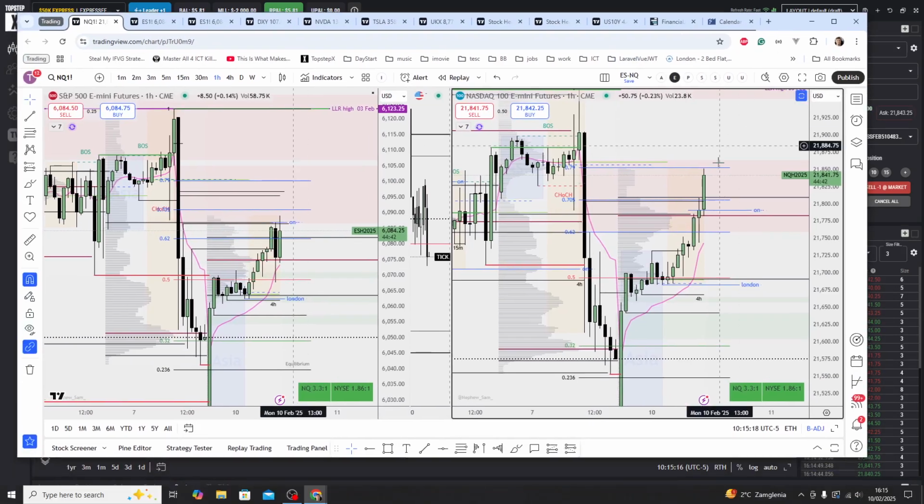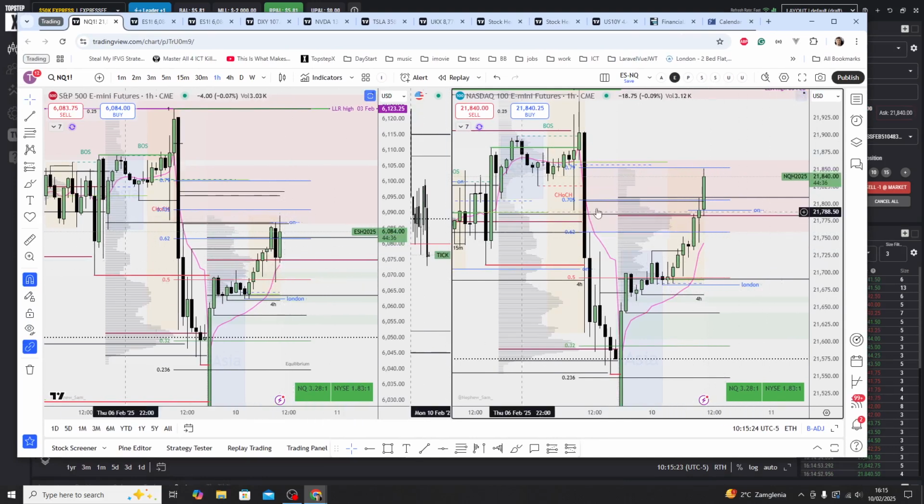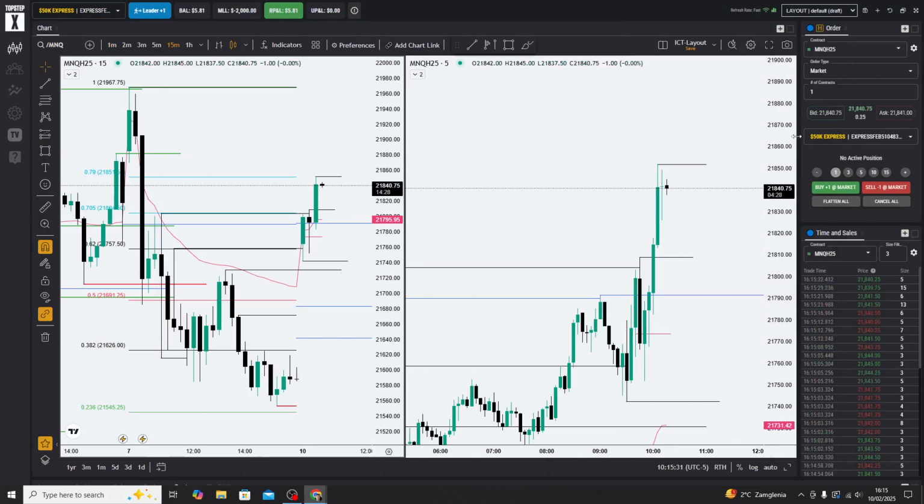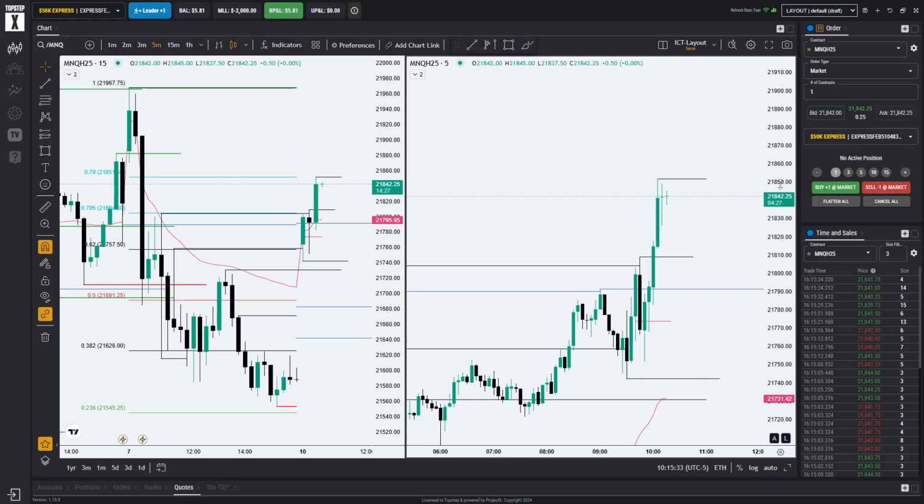Like, look at that, no pullback, nothing. Yeah, ES had a pullback, but Nasdaq didn't. I don't know. No. So French Prime Minister Bayrou survives the new no-confidence motion over the budget. Well, thank you.